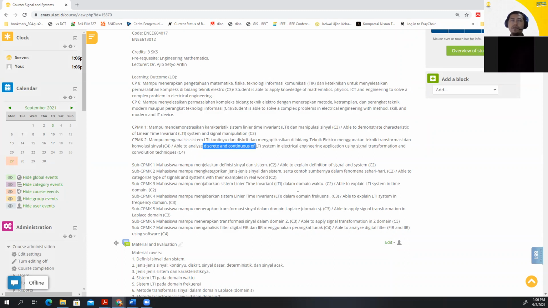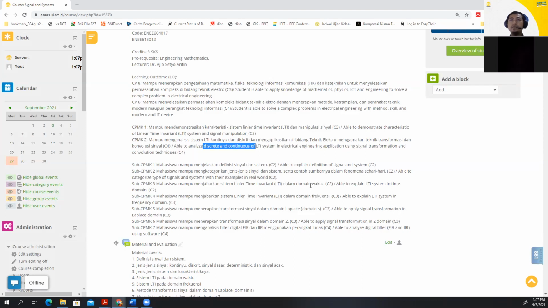In this case, we have 7 sub CLOs. First, the student is able to explain the definition of signal and system, and then able to categorize types of signal and system with their examples in the real world.